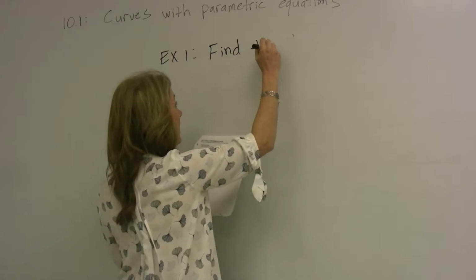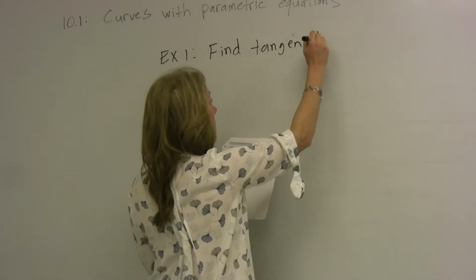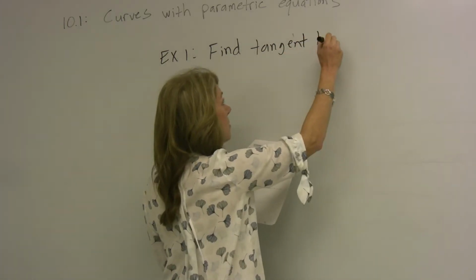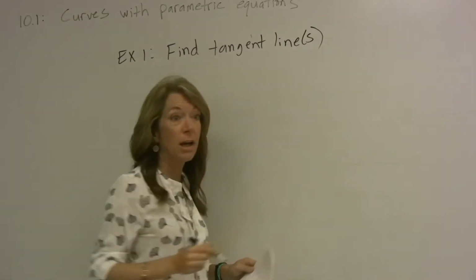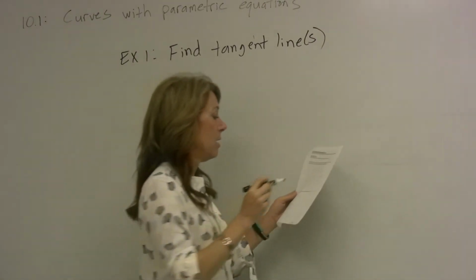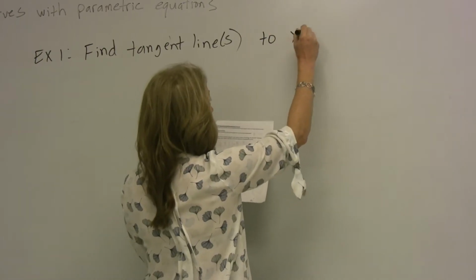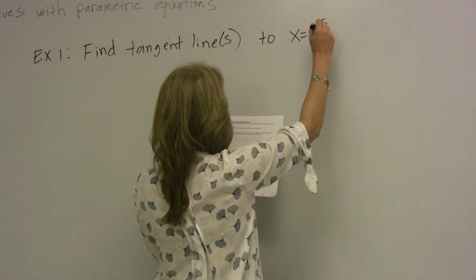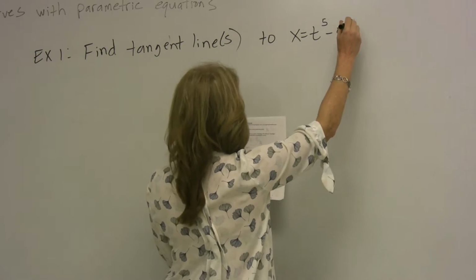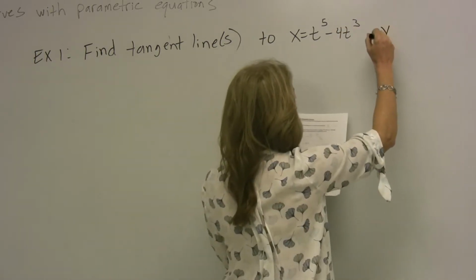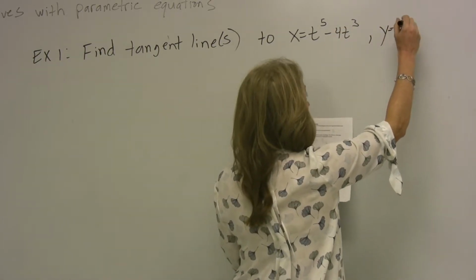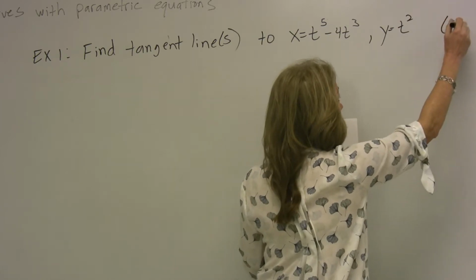We don't know if it's plural or not yet. We'll talk about how to find that. Find the tangent lines to the curve defined by x equals 4t cubed, y equals t squared, at the point (0, 4).